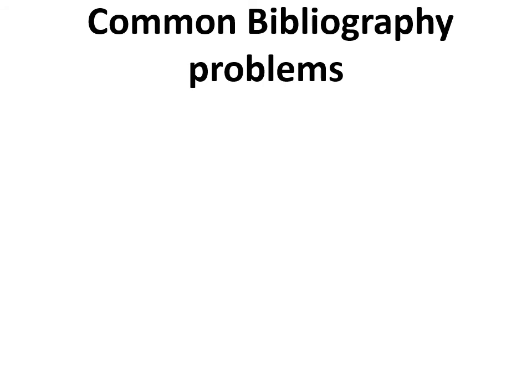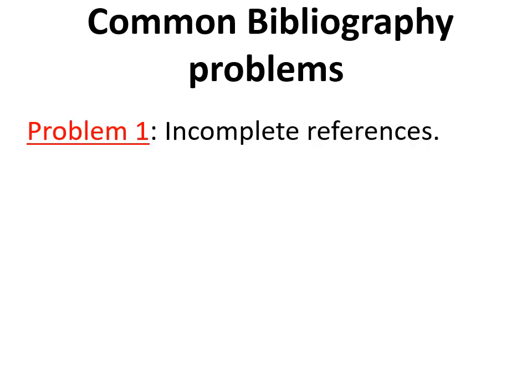And your paper will end with references or works cited or bibliography, whatever you want to call it. And common problems I've seen are that the information included is incomplete.